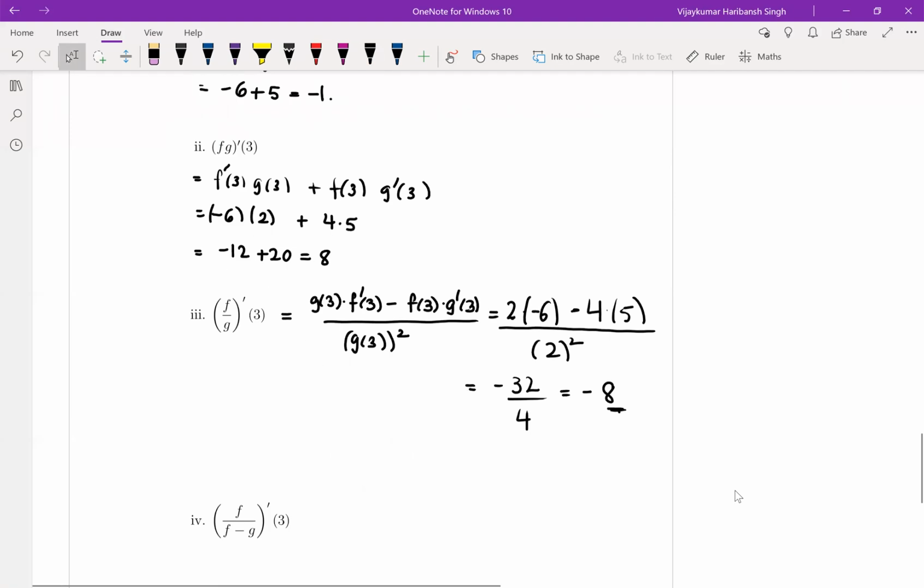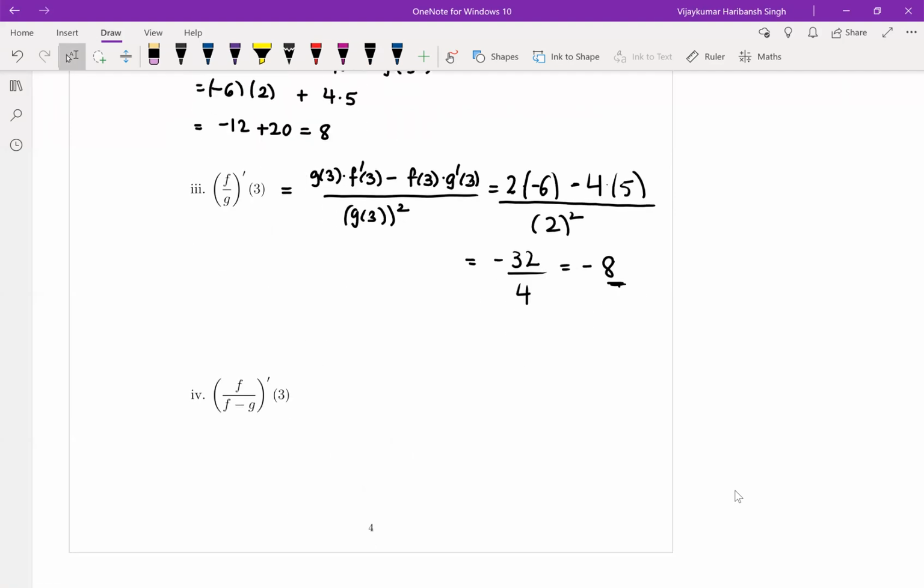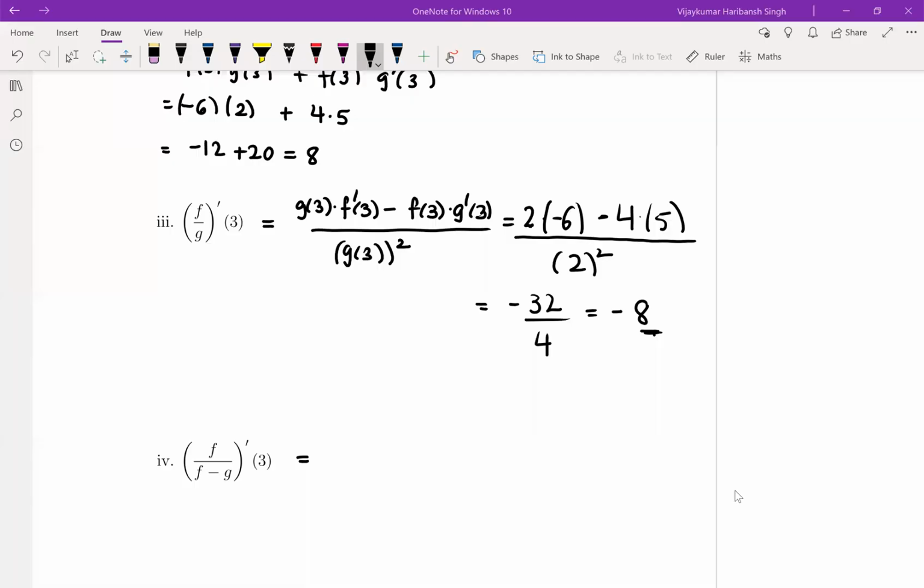Now can we do this problem? So this is going to be f minus g the whole square evaluated at 3. Or if you want to write it, you can also write it as f of 3 minus g of 3 the whole square.